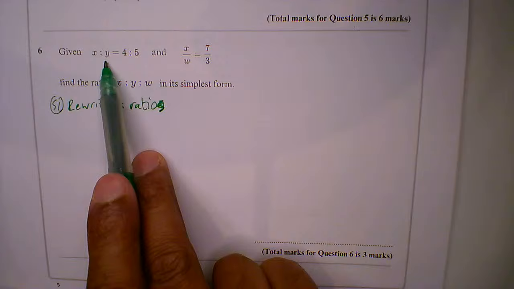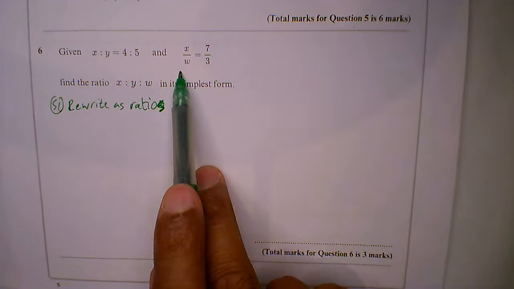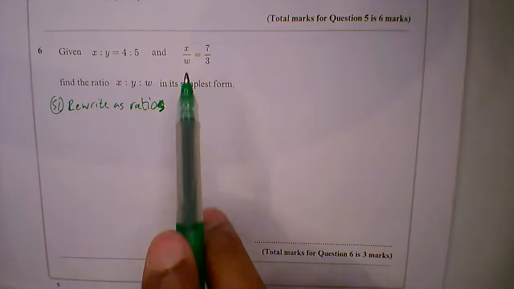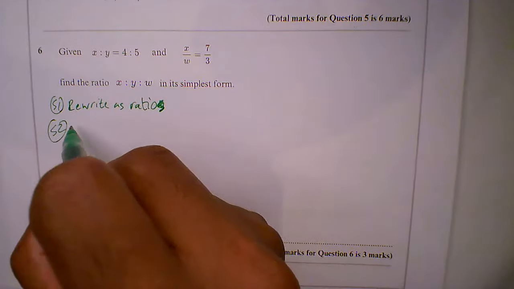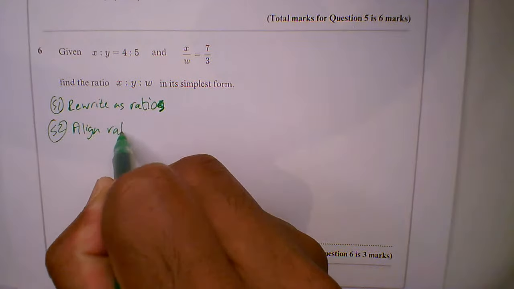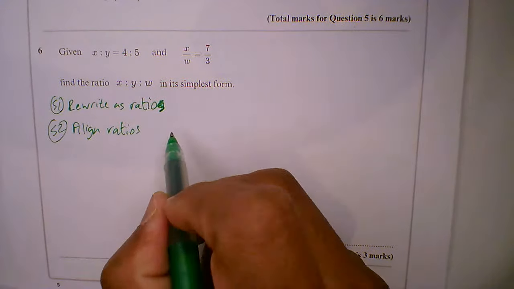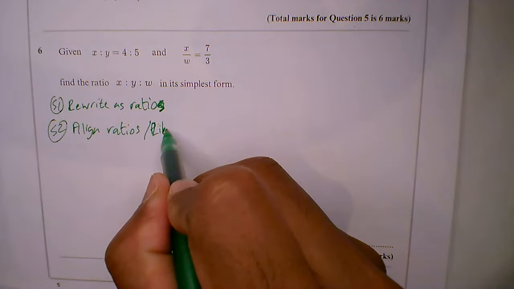We've got x, y, x, w. So we've got three different things. So step 2 will be, I'm going to align the ratios, like place value.